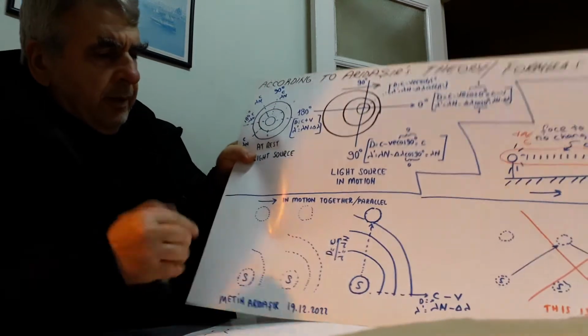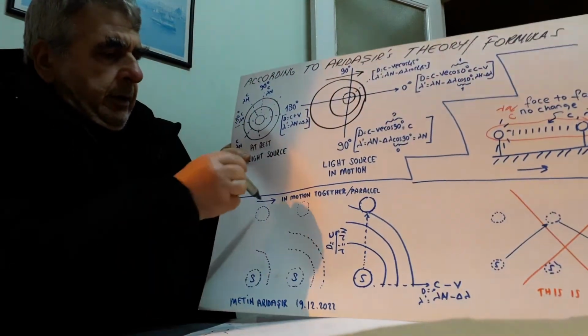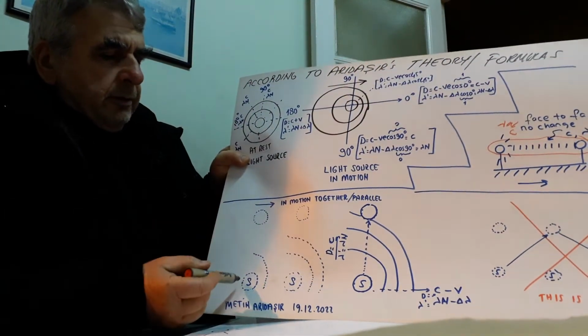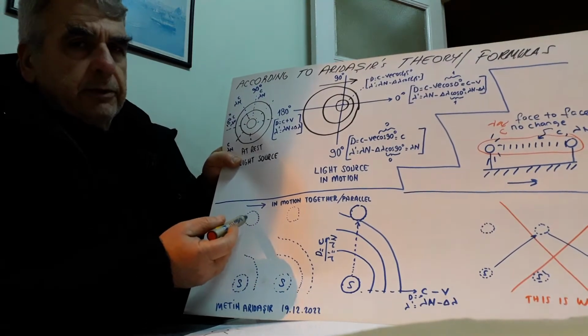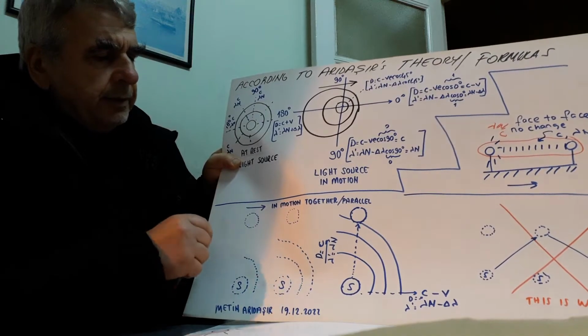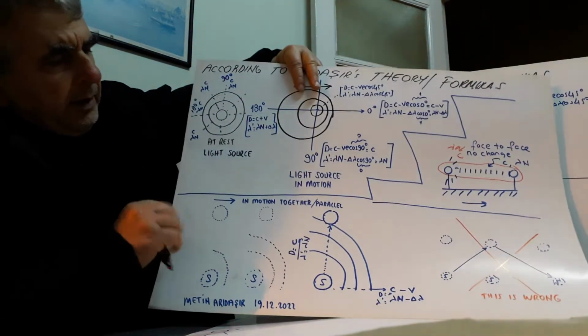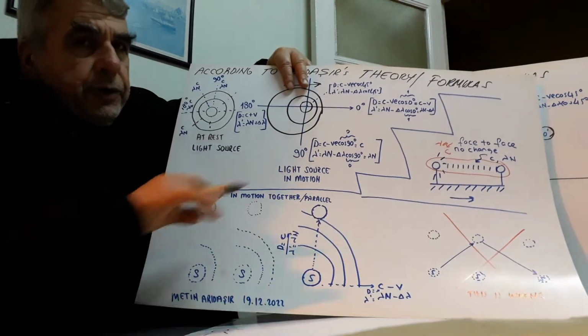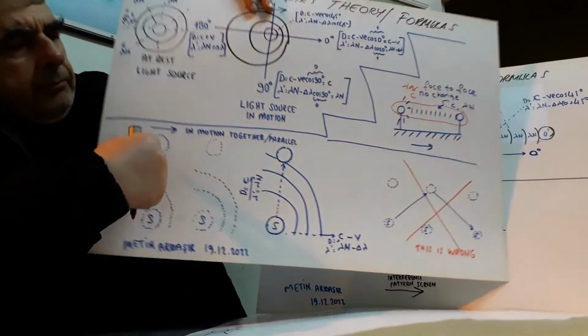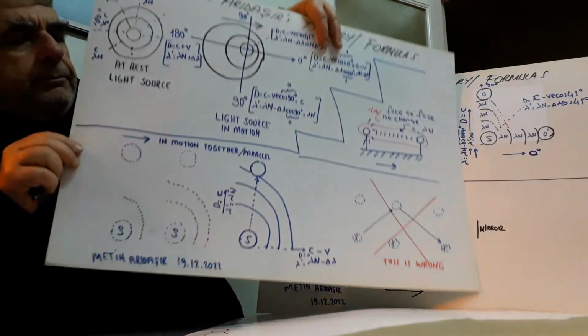Say there are two, one a source, one, say, an observer or mirror. It's not important now. Face to face, parallel, in motion. Here. Be careful.